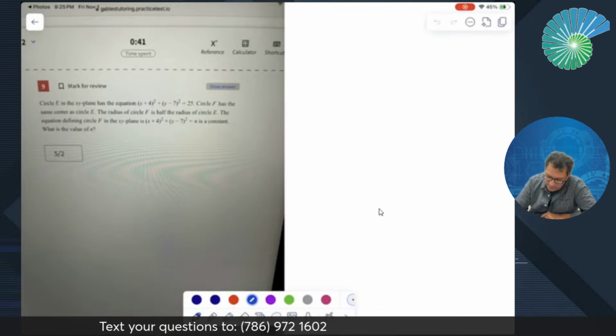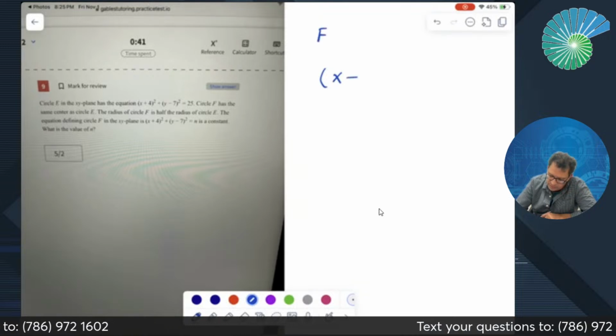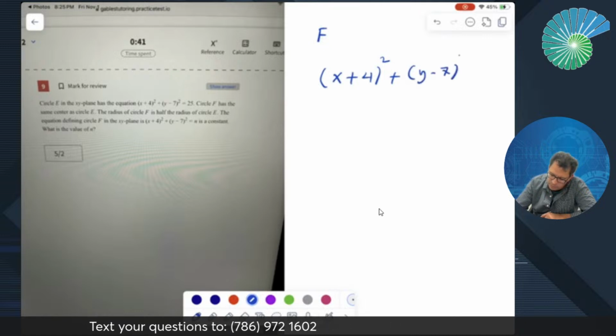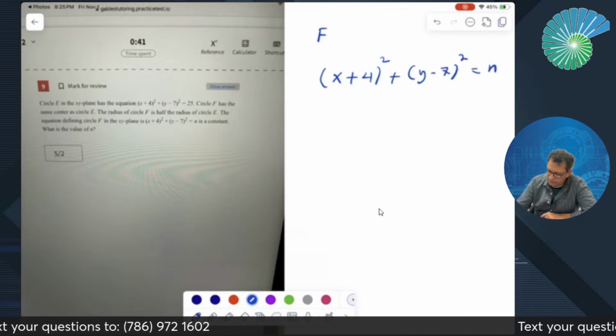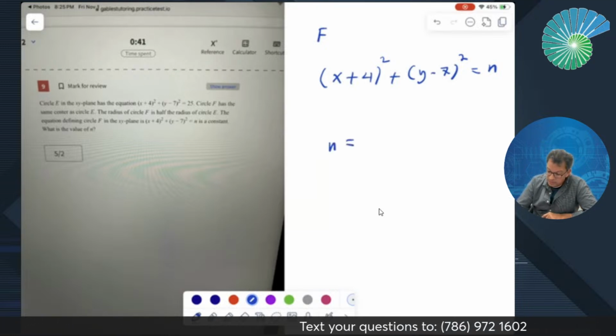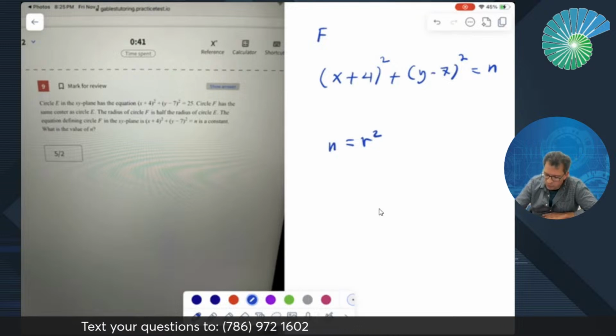Now look, the second circle, circle F, is equal to this. And it's equal to something. Now remember that N is the radius to the second power, because that is the form of the equation of a circle.